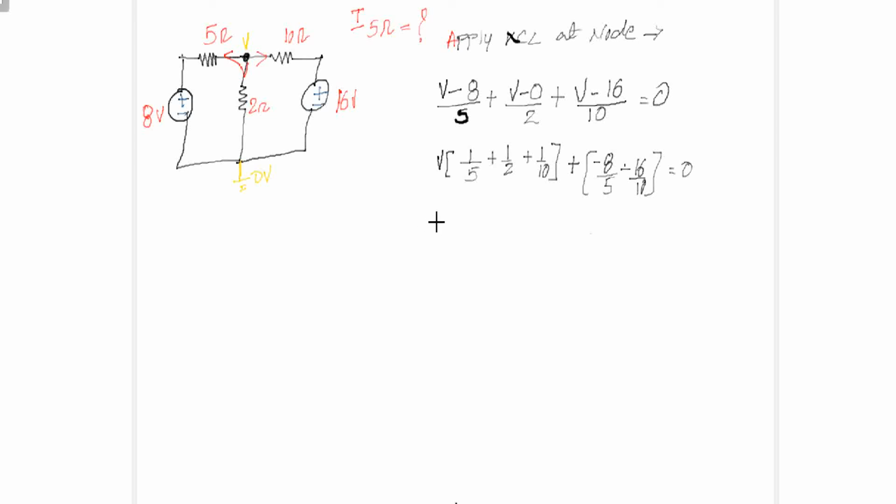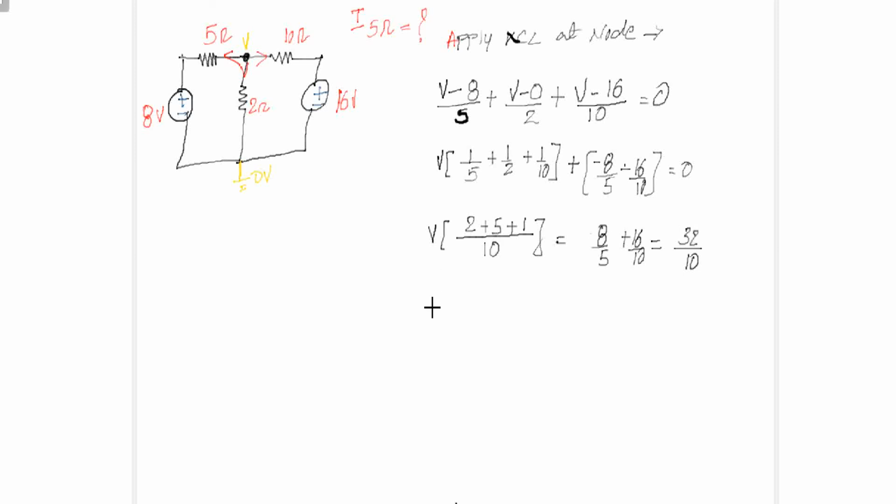So just do the calculations. Here 1 by 5, 1 by 2 and 1 by 10, the LCM is 10: 2, 5, and 1. Take the constants to the other side: 8 by 5 plus 16 by 10. LCM is 10, so 16 plus 16 becomes 32 by 10.